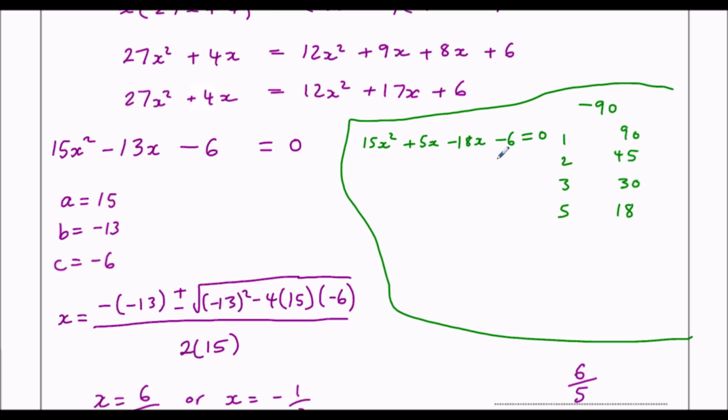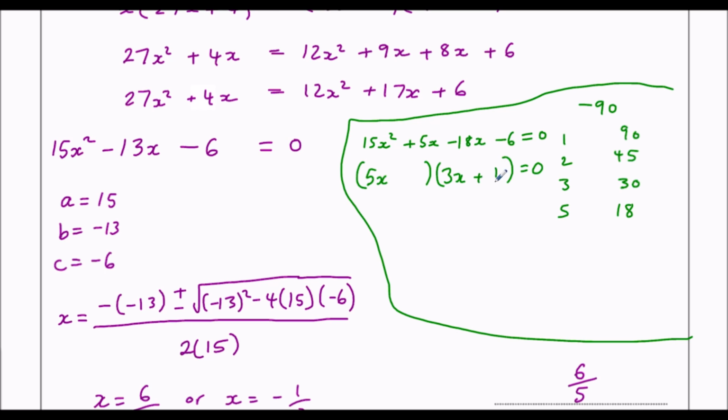I've uncollected the like terms. So what can I factorize out of the first two terms? They've both got a 5 and an x in them. So 5x. So 5x times what makes 15x squared? 5 times 3 makes 15. And x times x is x squared. 5x times what makes 5x?